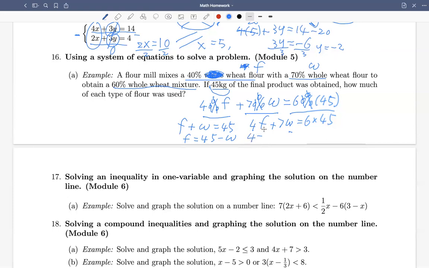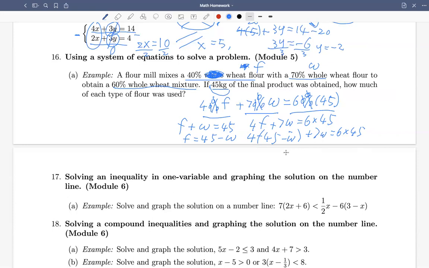So I'm going to do 4 times F, which is 45 minus W, plus 7W equals 6 times 45. You may multiply 6 with 45, but I like to leave it in the middle of a calculation. I don't want to spend too much time to punch into the calculator. I will carry with me. Hopefully, on the way, I can simplify with someone else.